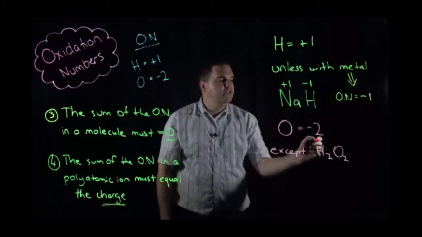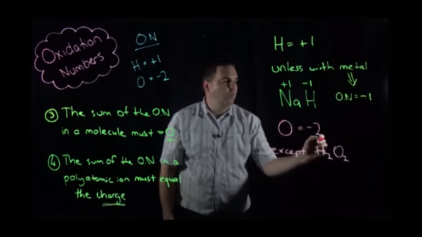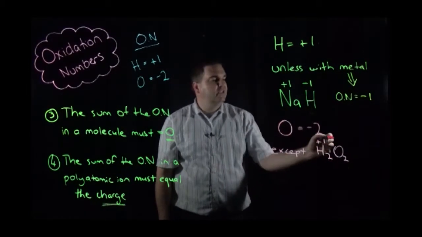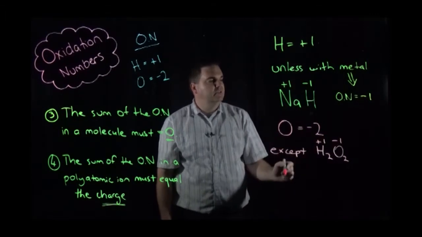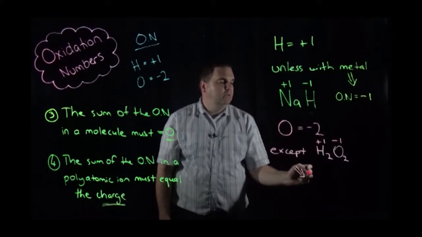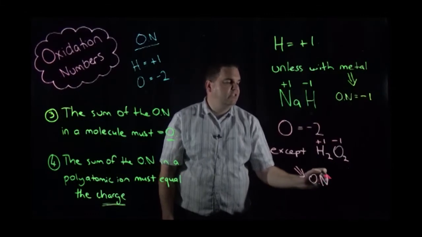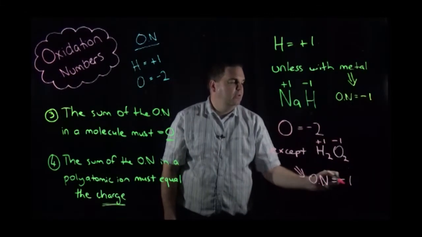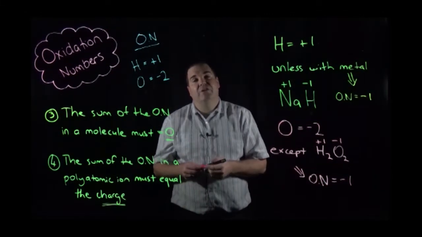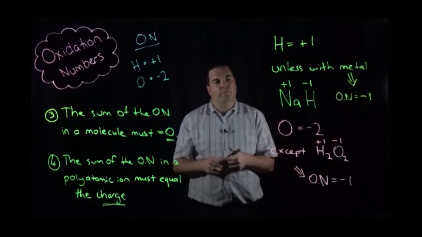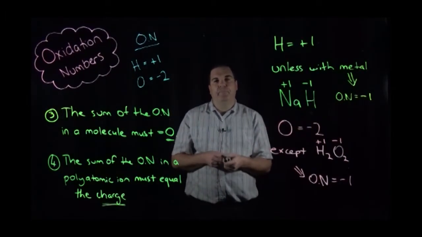So if the hydrogen is +1, the oxygen here must be -1. So in hydrogen peroxide, the oxidation number of oxygen is -1, and that's the only time it's not -2, when it's combined with the hydrogen like that.